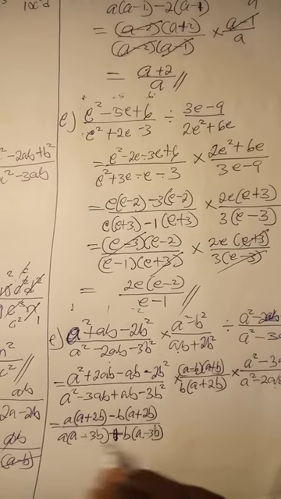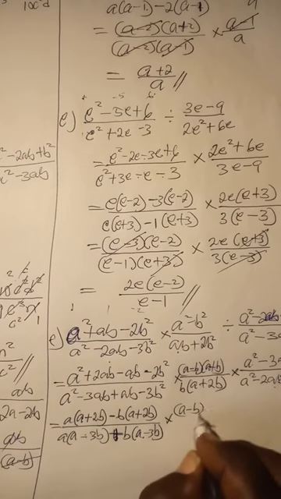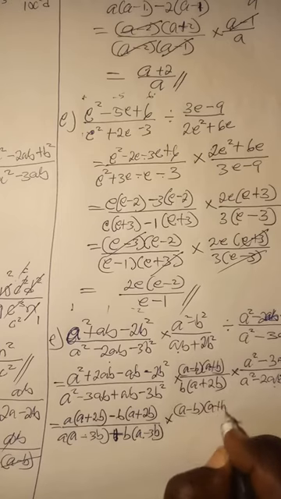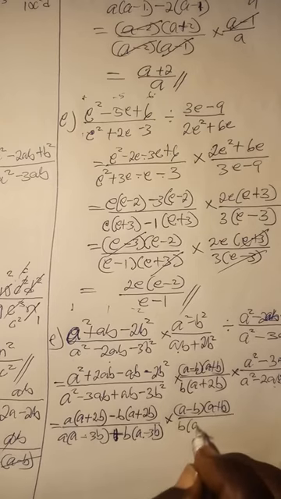They have to be the same, right? Okay, times a minus b, a plus b, everything over b bracket a plus 2b.